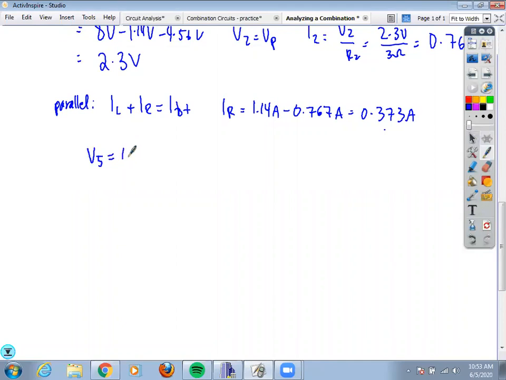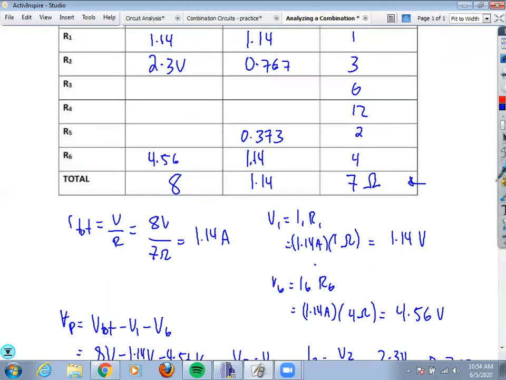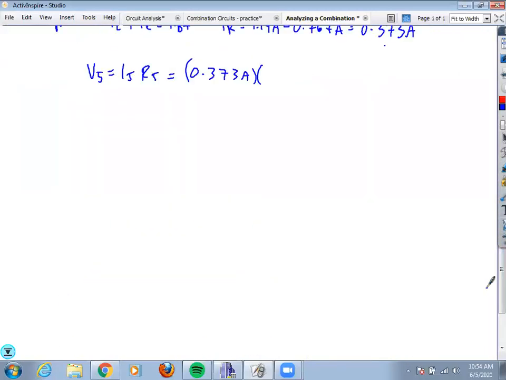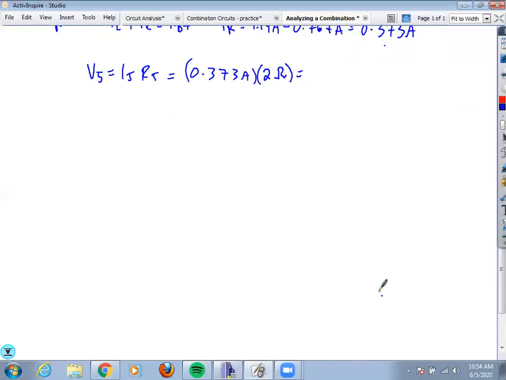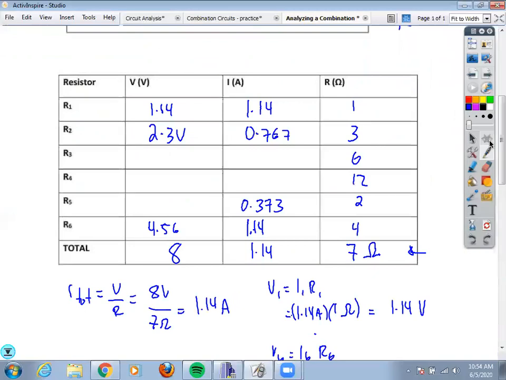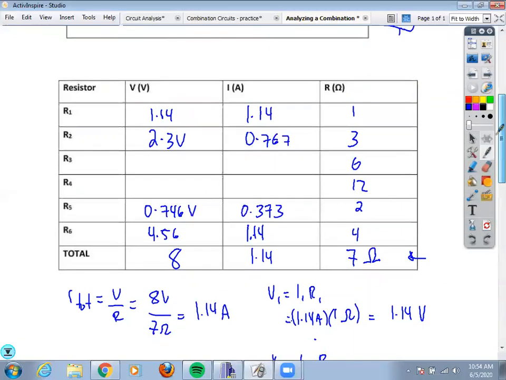V5 would equal I5 times R5, 0.373 amps times R5, which is 2 ohms. So 0.373 times 2 gives us 0.746 volts. So V5 is 0.746 volts.